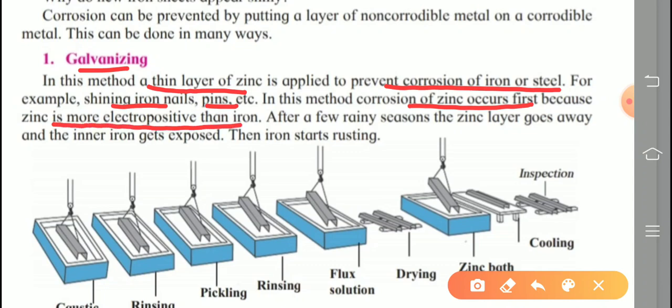After a few rainy seasons, the zinc layer goes away and the inner iron gets exposed. Then iron starts rusting. Clear?